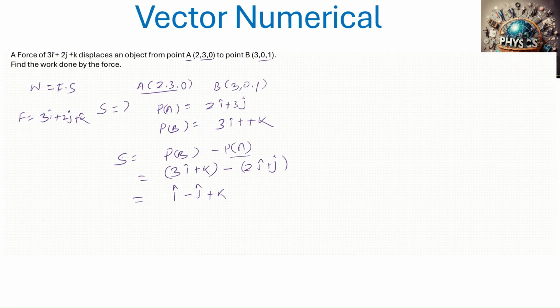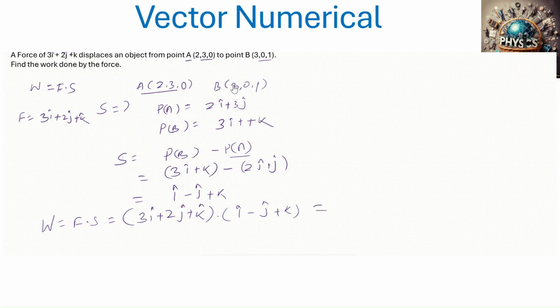And then we need to find W, which is nothing but F dot S. So 3i plus 2j plus k dot i minus j plus k.